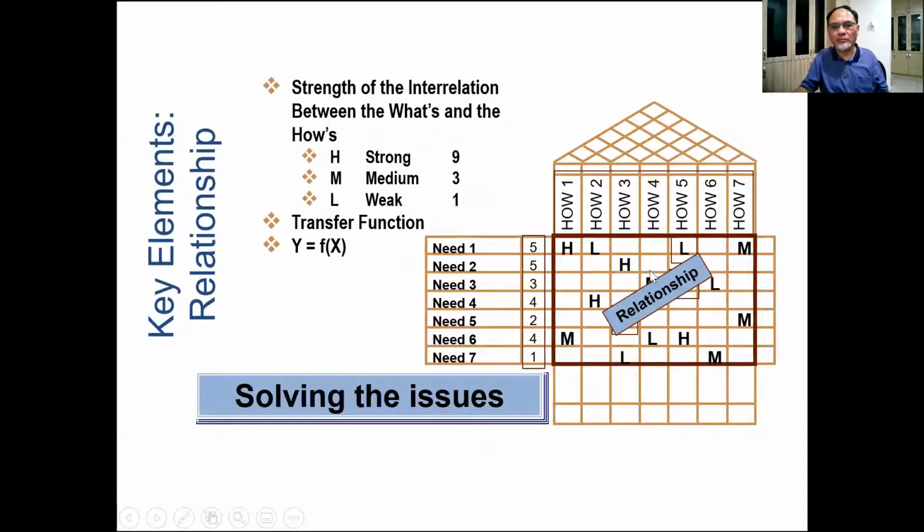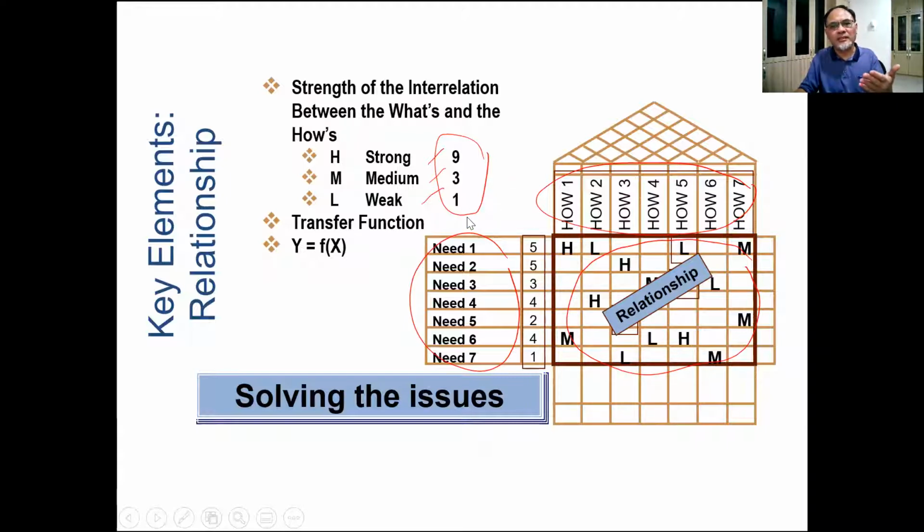So this is what I'm talking about: we try to establish the relationship between the need and the how. A strong relationship is given a score of 9, medium 3, weak 1. Of course, there are other conventions, different numbers, different systems developed by different people, but anyway, this is the fundamental.